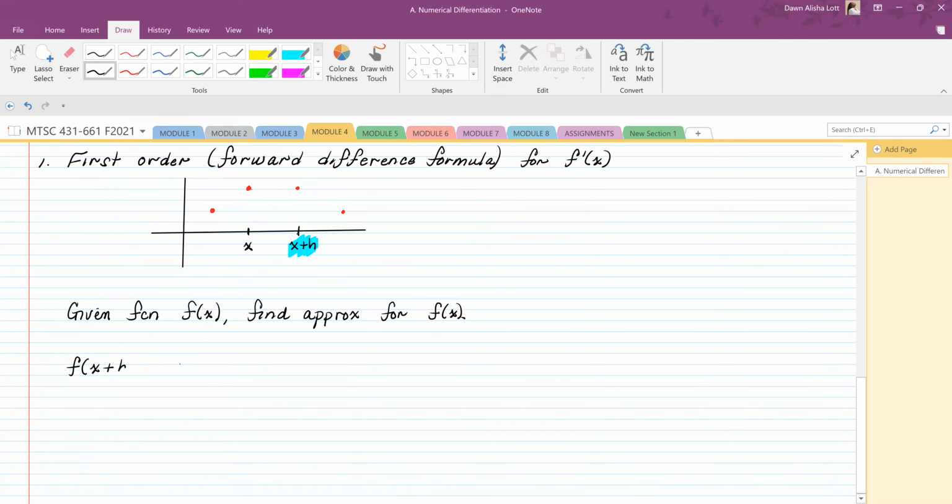Then the next thing, I'm going to have 4 over 2 factorial. Oh, wait a minute.